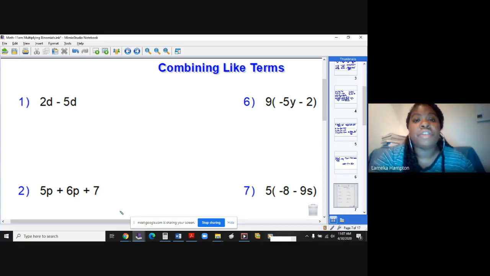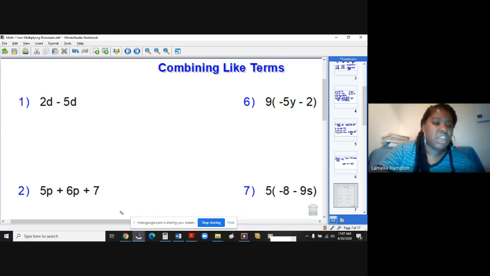They have letters, but they're different letters, so you can't add or subtract those. You can multiply and divide unlike terms, and we'll be doing more practice problems with those momentarily. I also want to get into multiplying monomials with binomials and all them other nomials today. Let's get started.